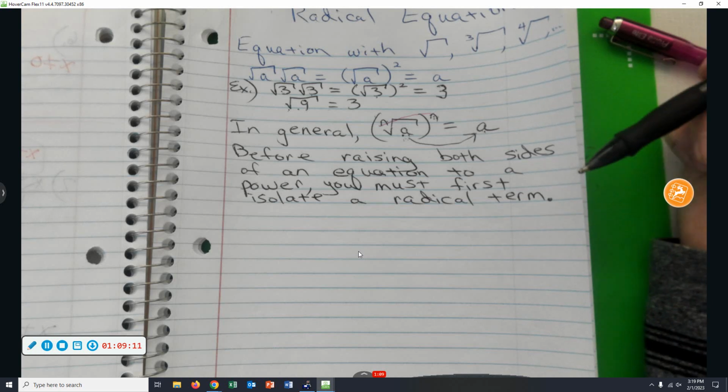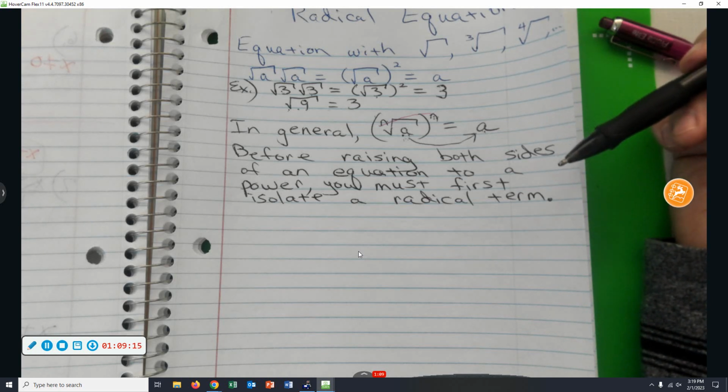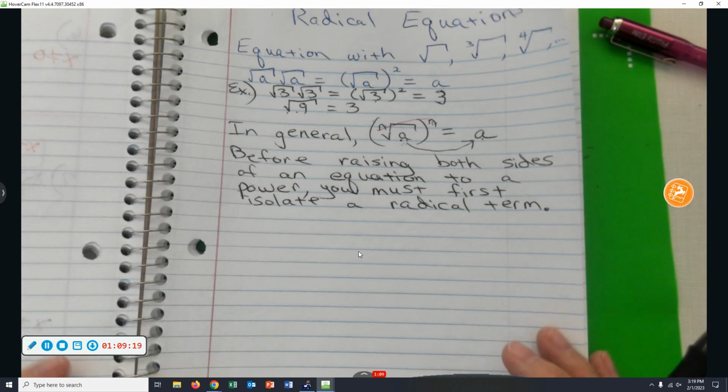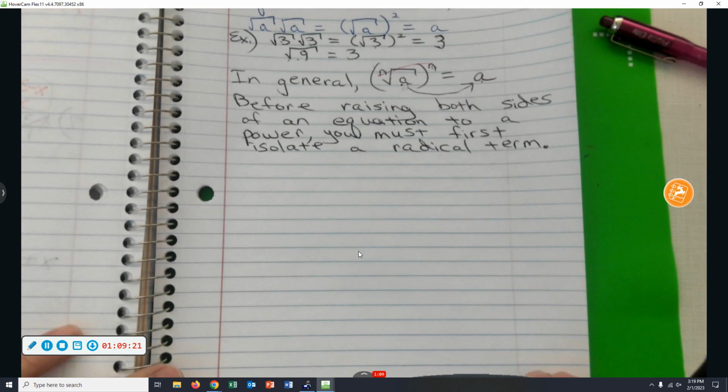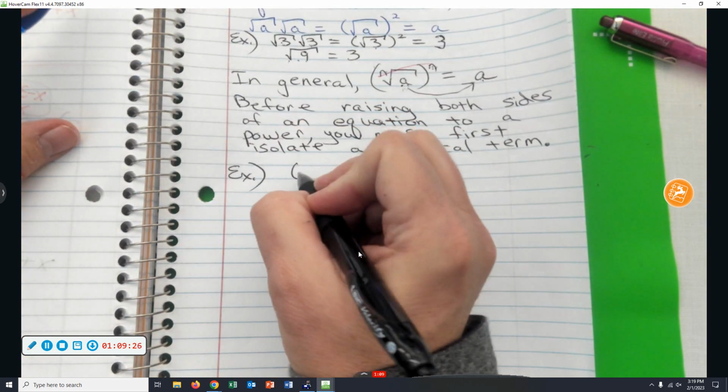In particular, raising both sides of an equation to an even power. It's those even powers that cause problems. And why is that? Let's look at this statement here. I believe that y'all will agree with this.